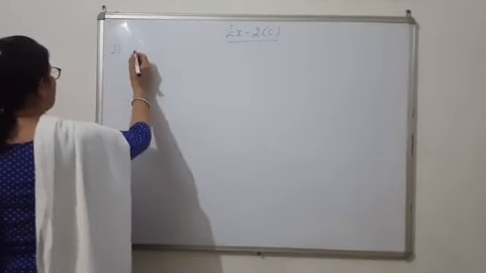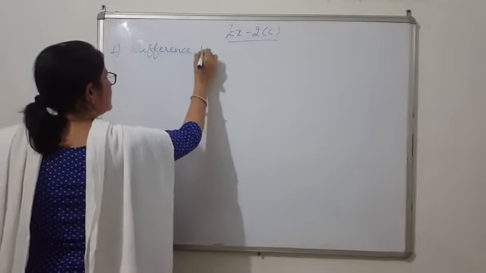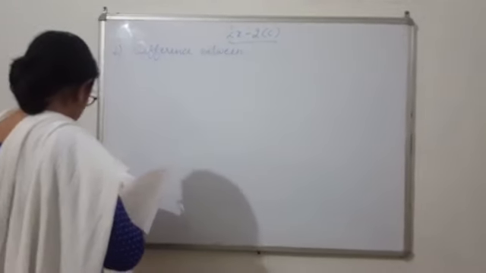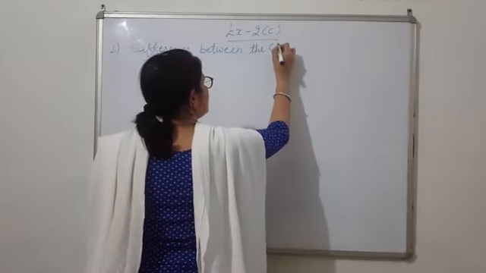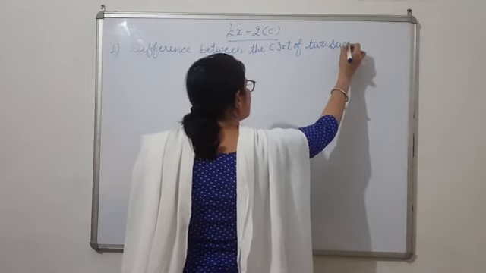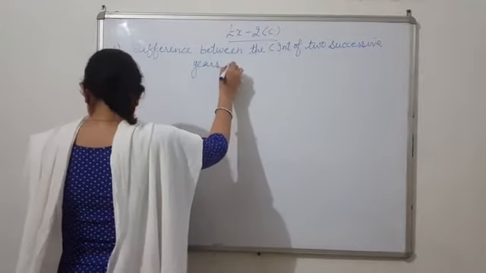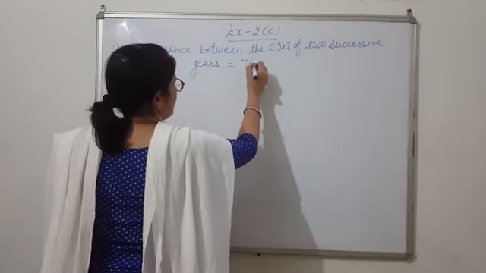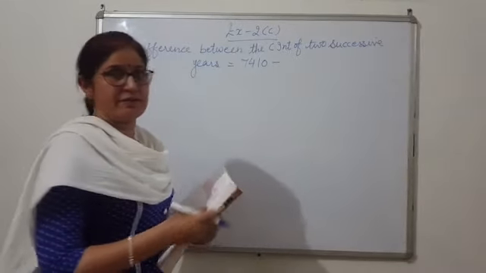So the difference between the compound interest of 2 successive years is equal to 7,410 minus 5,700.